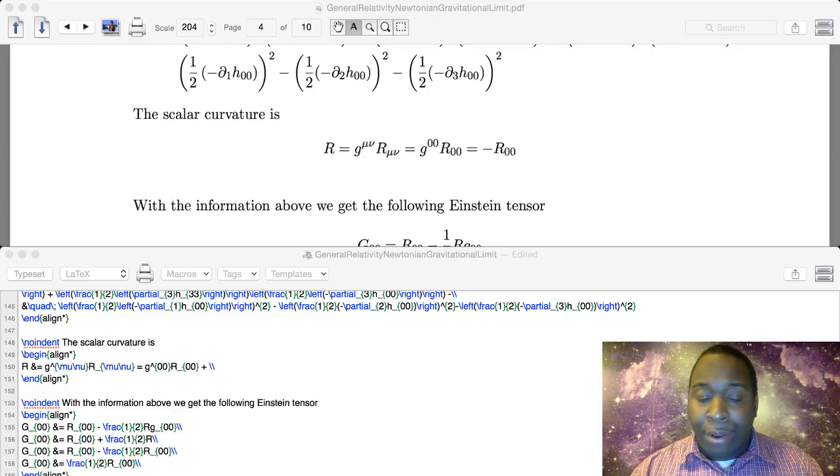And so the scalar curvature is dependent upon, well, one, the metric, and two, the Ricci curvature tensor.